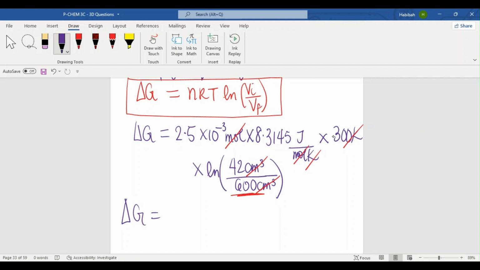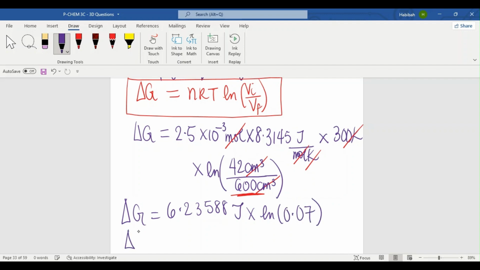8.3145 times 300 times ln 42 divided by 600. We end up with 6.2358 joules, times ln 42 divided by 600, which is just simply 0.07.